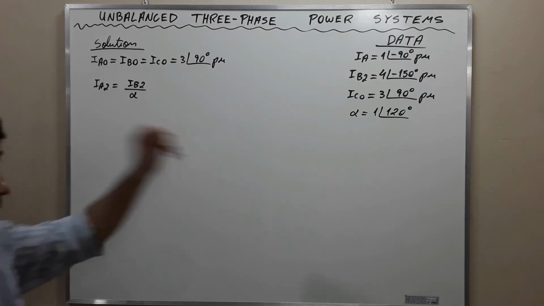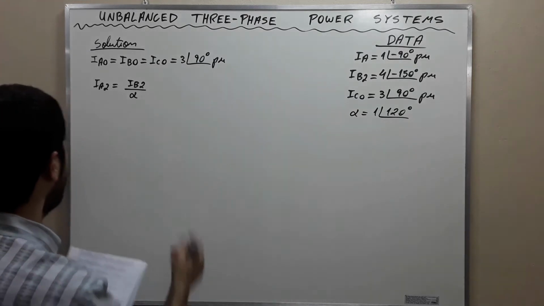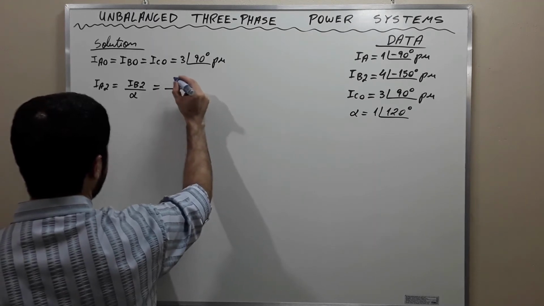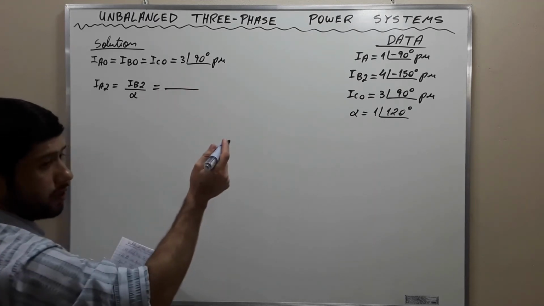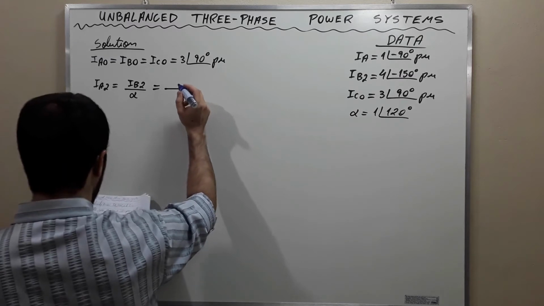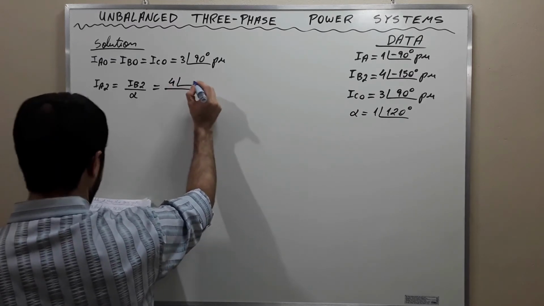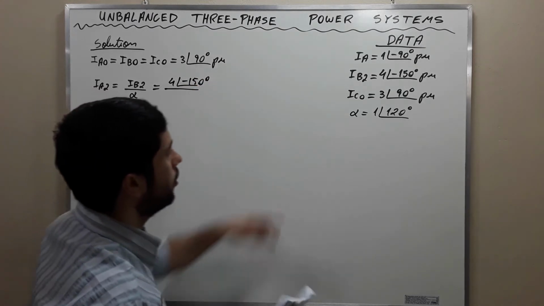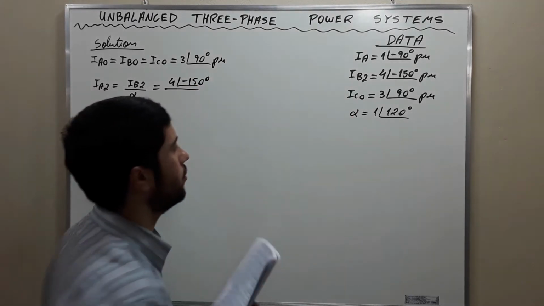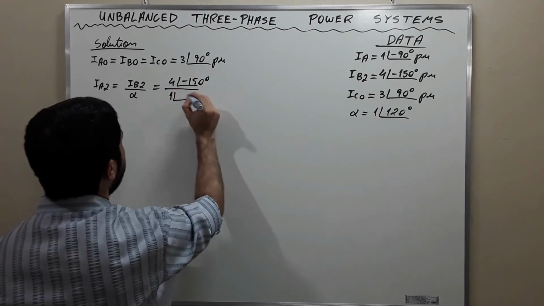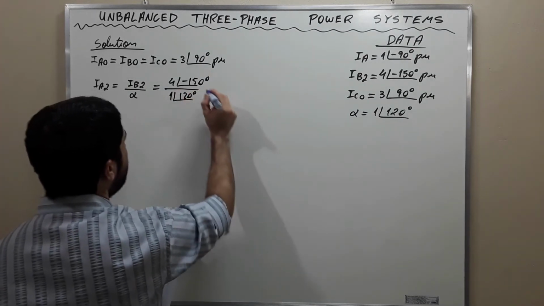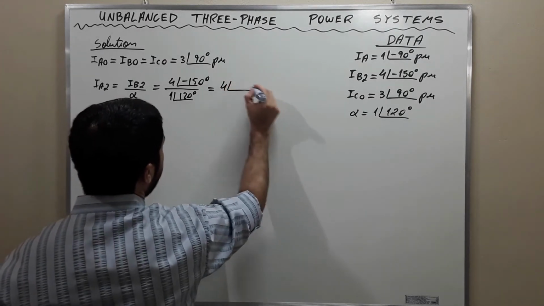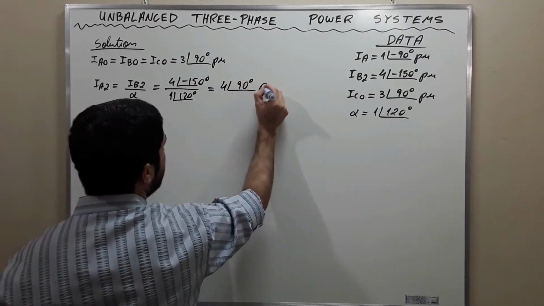Using this factor, the factor alpha, we can calculate that the negative sequence in cable A is going to be 4 phase minus 150 degrees, divided by 1 phase 120 degrees, which is equal to 4 phase 90 degrees per unit.